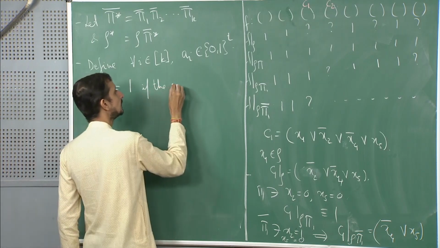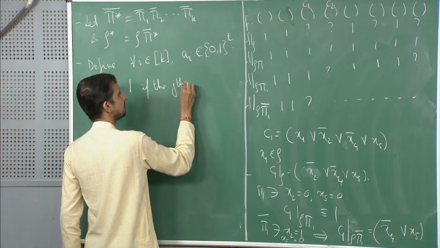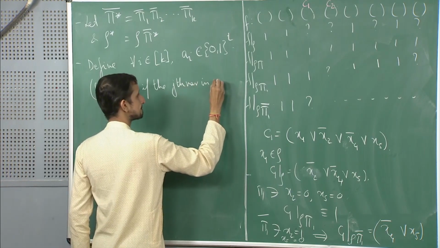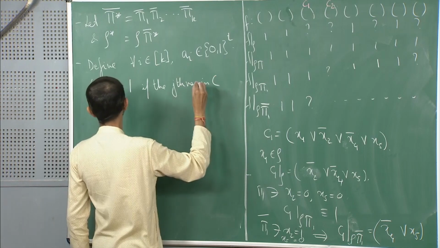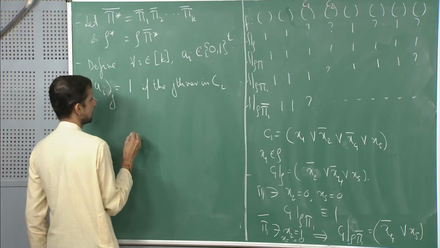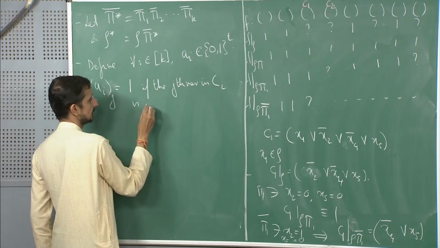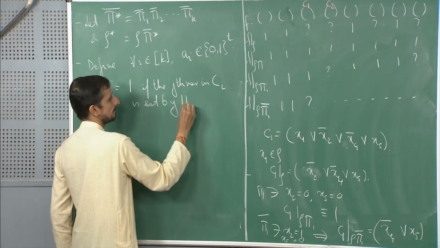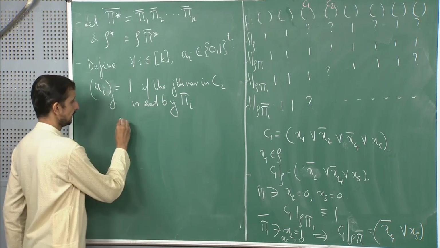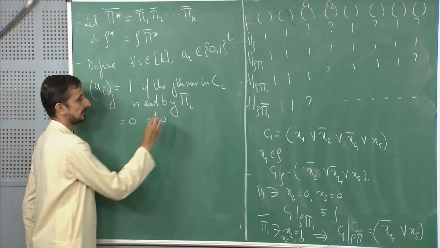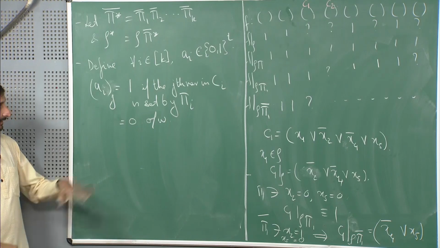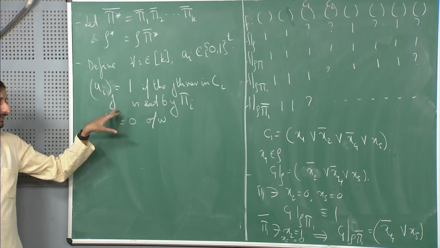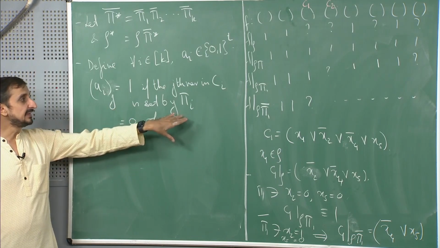the jth variable in C_i is set by pi_i, and it is equal to 0 otherwise. So, if the jth variable is one of those d_i variables.